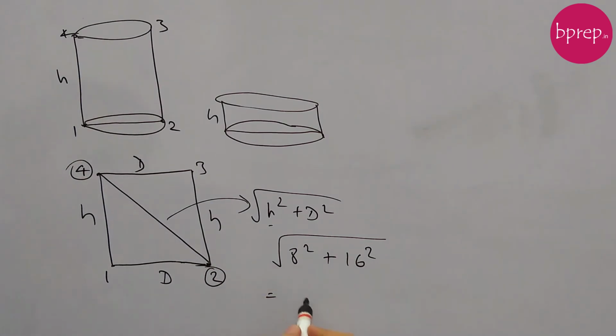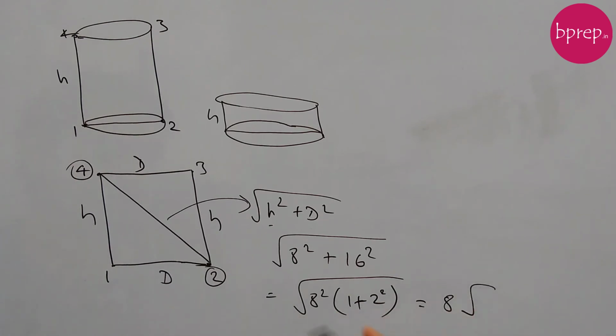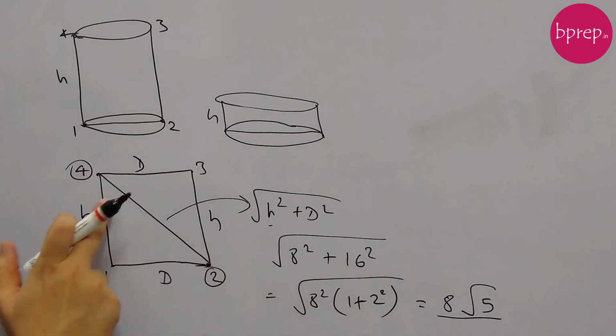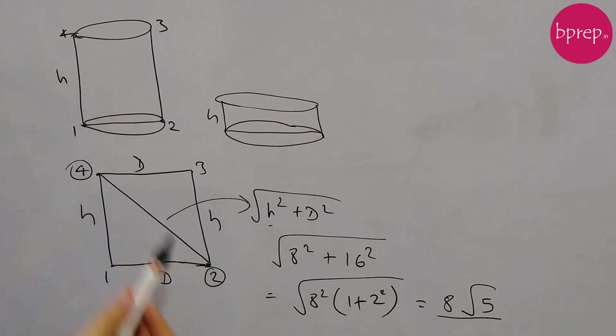Here if you take 8² common, we'll have √(2 + 2²)... so 8² comes out as 8, and inside the root we have 2⁴ + 1... that is, 5. So 8√5 is the diagonal and hence the farthest distance of these 2 points.